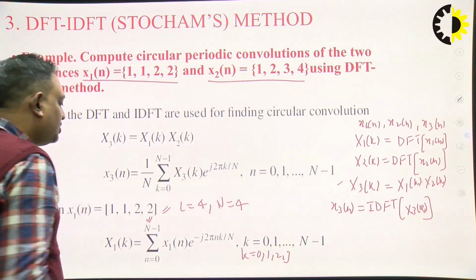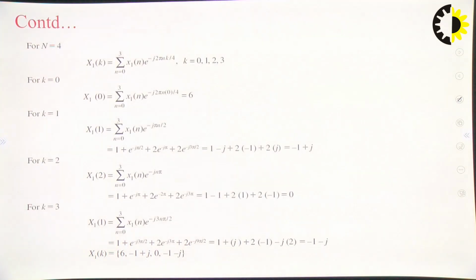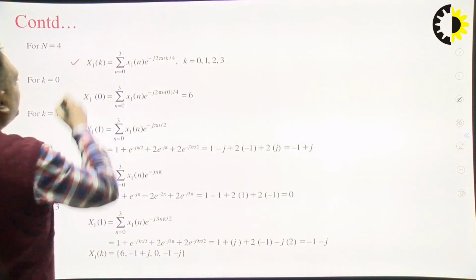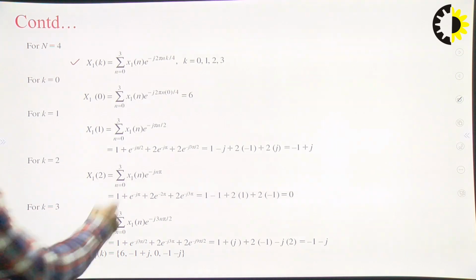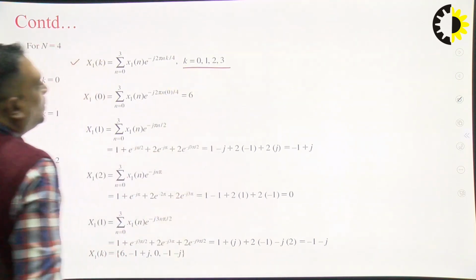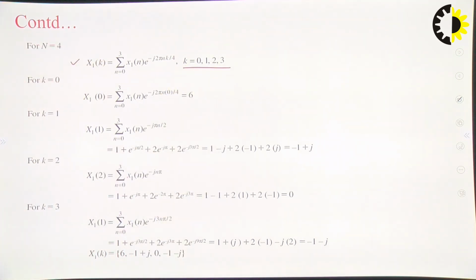So for N equals 4, we can write x1k equals the summation for n equals 0 to 3 of x1n into e to the power minus j 2 pi nk by N, where capital N is 4 and the value of k varies from 0 to 3.